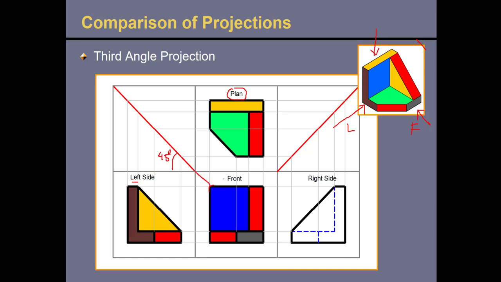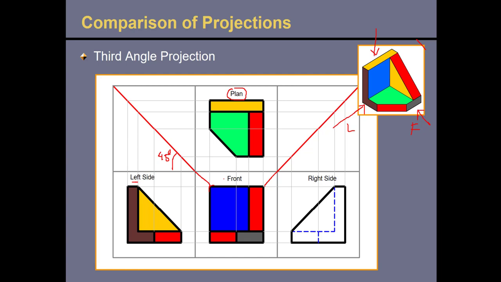If I were to draw the right side view, I will need to make use of the topmost feature and the extreme right side feature. From this point, I will plot the line 45 degrees upwards, and that forms my miter line.